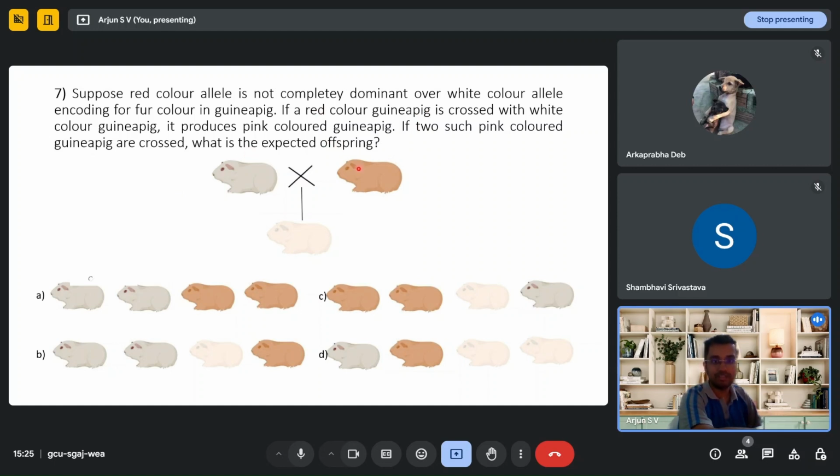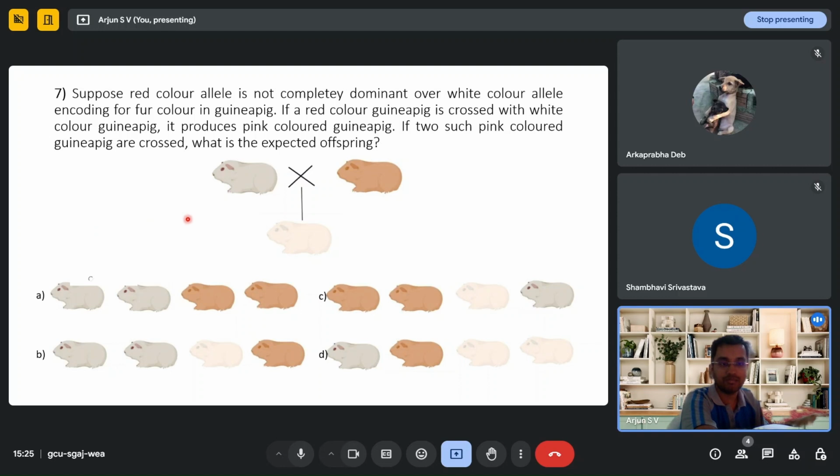So this is also a very straightforward question. We saw in the Snapdragon example that in the F1 generation all were pink, but if we cross pink with pink, what will we be getting? We saw that the genotypic ratio will be 1 is to 2 is to 1 again, but those two alone will be pink, whereas the 1 and the 1 will be red and white.